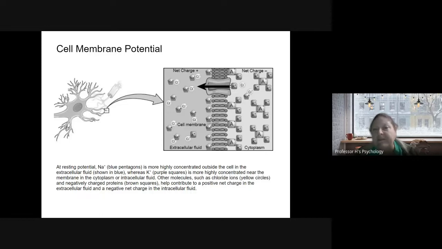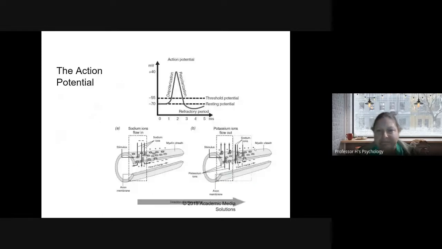And remember, we have these channels that are allowing them to do that. So here's how that looks on a graph. So we're going along before the neuron sends its signal or sends its action potential. We have between this -70 and this -55 right here, this is resting potential.